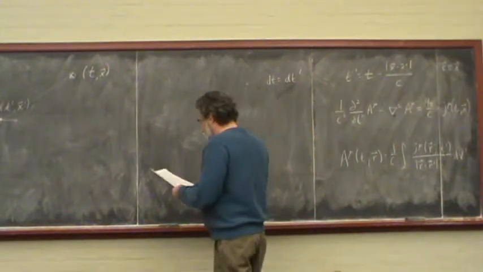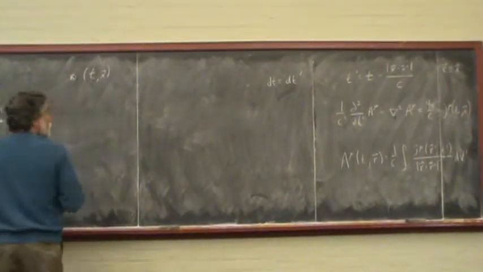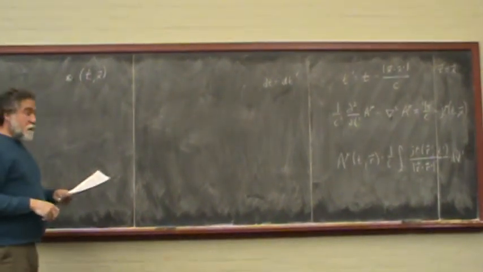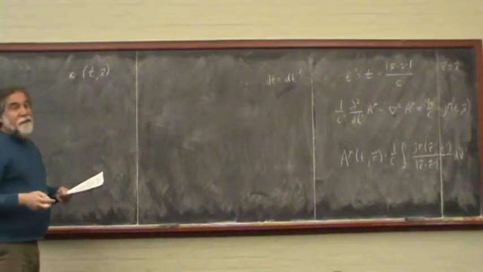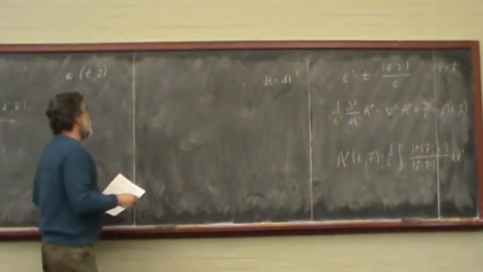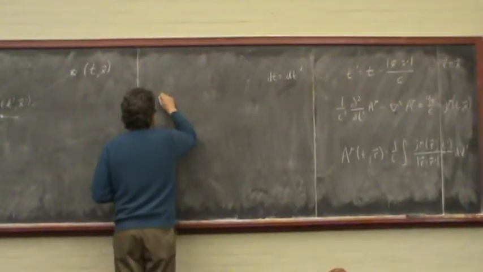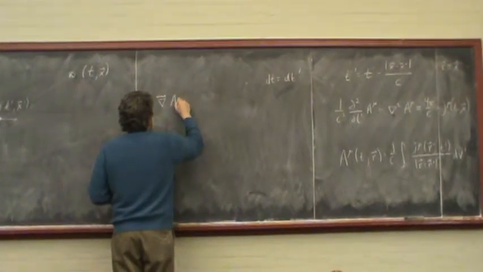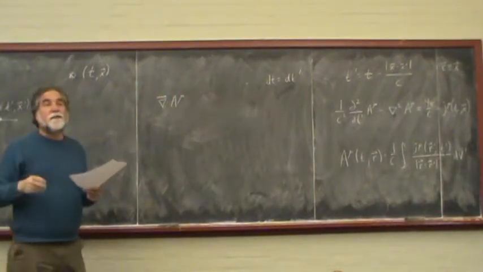But the space derivatives can be complicated, and I'll give you one example of how they get complicated. So, for example, I want to take del A mu, and you just do that term by term.